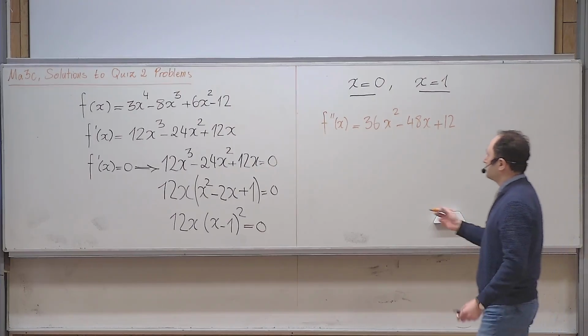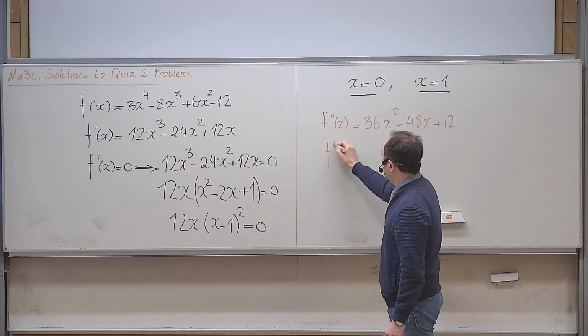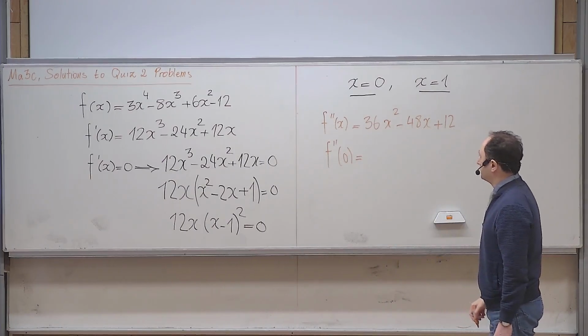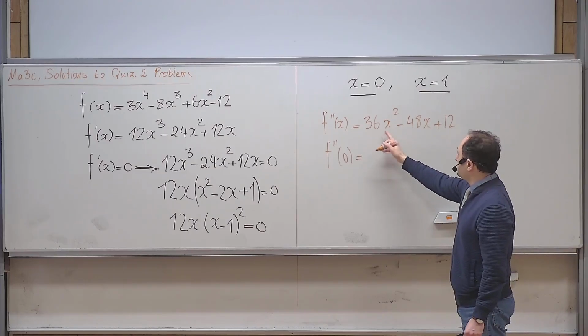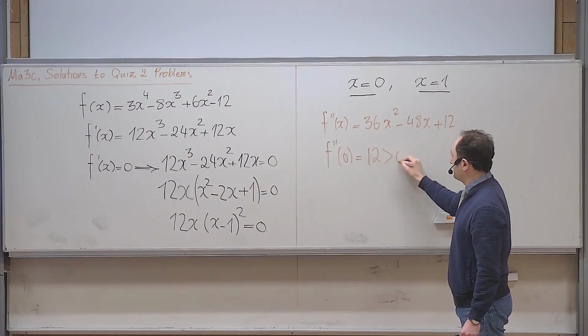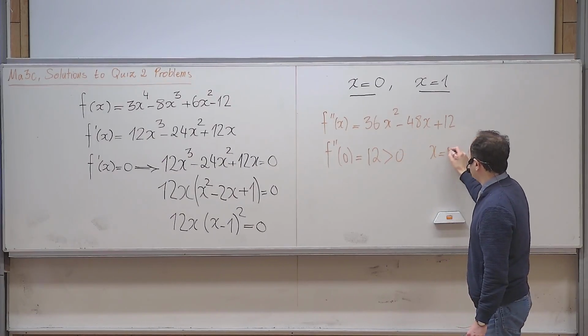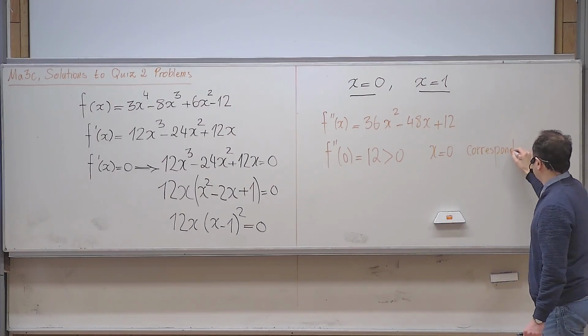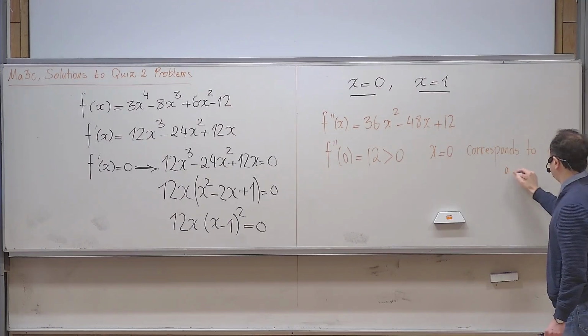Okay, then I can calculate f double prime of 0. What do I get? It gives me 0, 0, 12, which is positive. So this means x equals 0 corresponds to a local minimum.